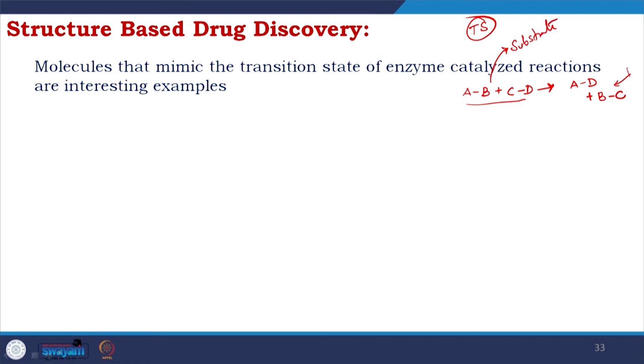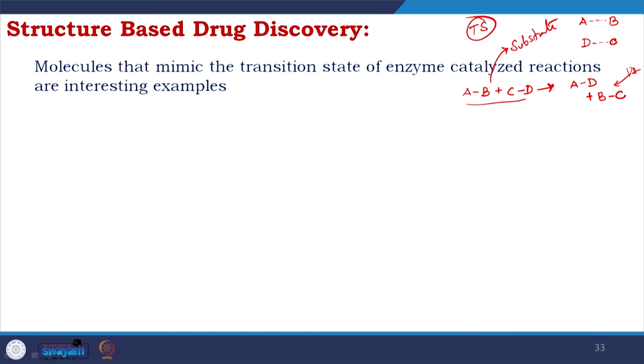These are called the product, but in between there is a situation where the bond between A and B is going to be broken and the bond between C and D is also going to be broken.